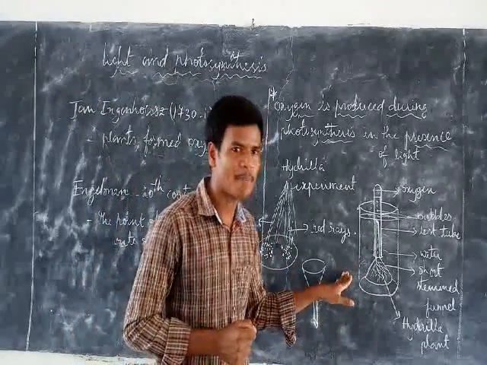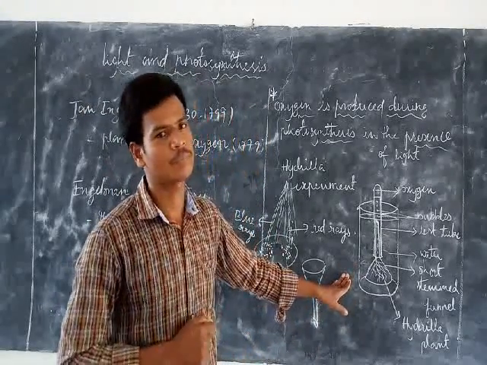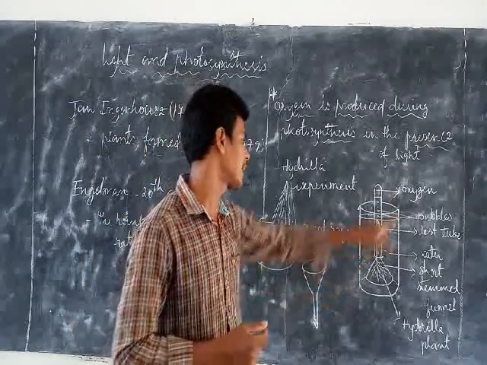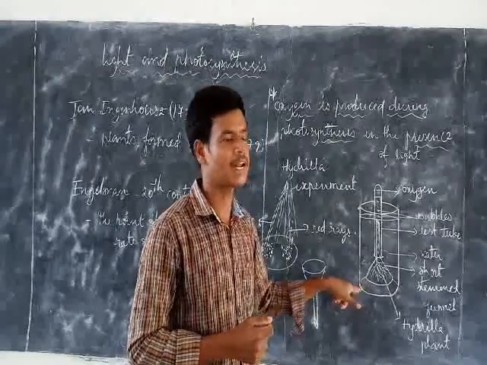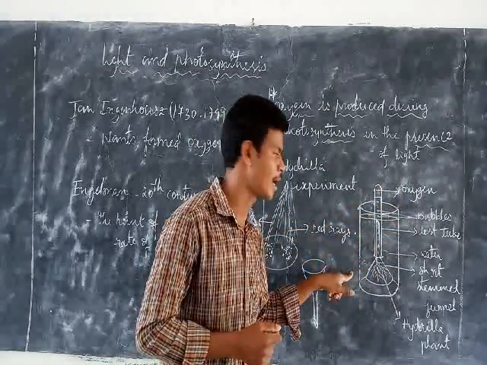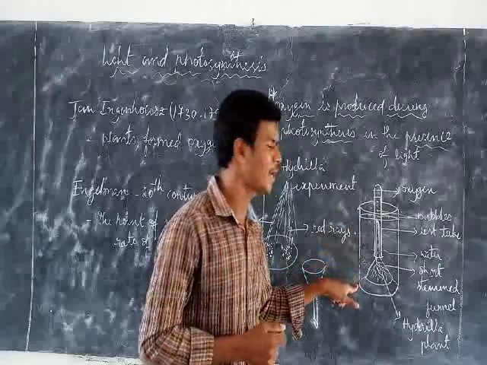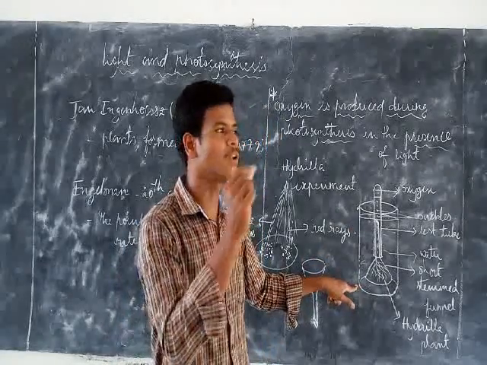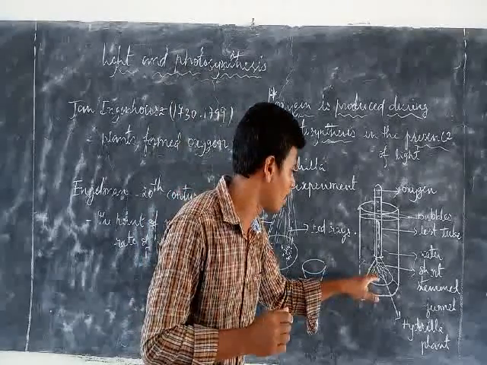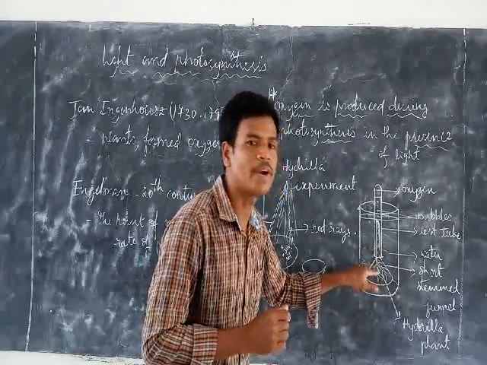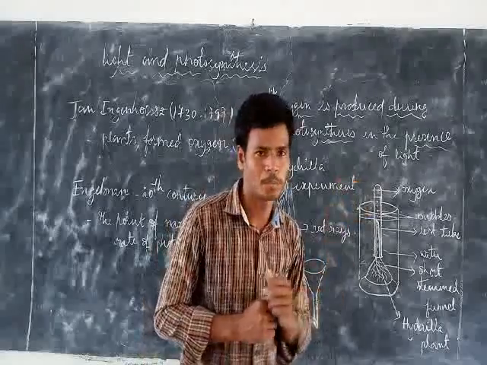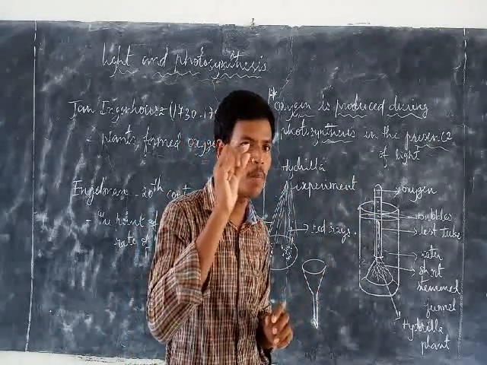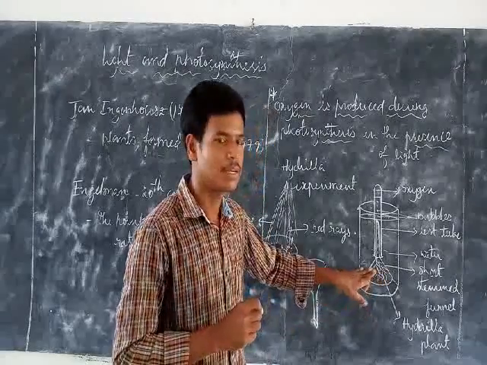Okay. Then what will happen after that time? After 2 to 3 hours, if you observe the entire apparatus, you will notice some bubbles coming from the stem of the funnel into the test tube. You will notice small bubbles that are coming from where?